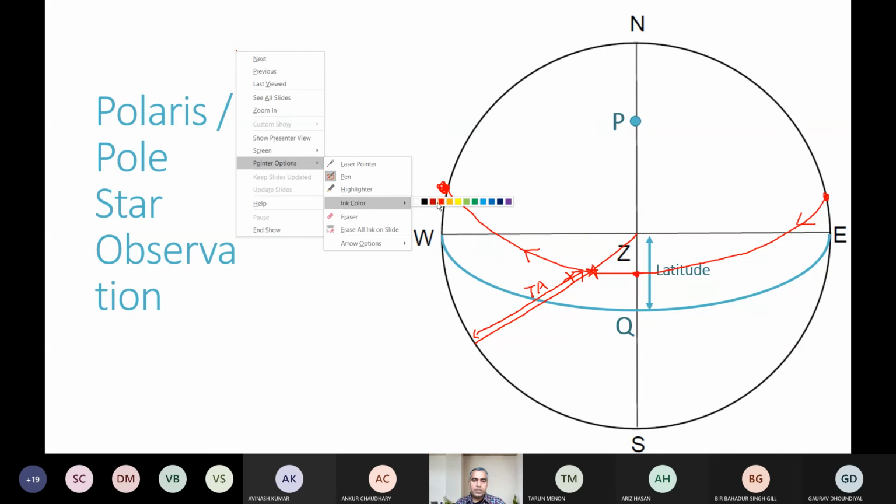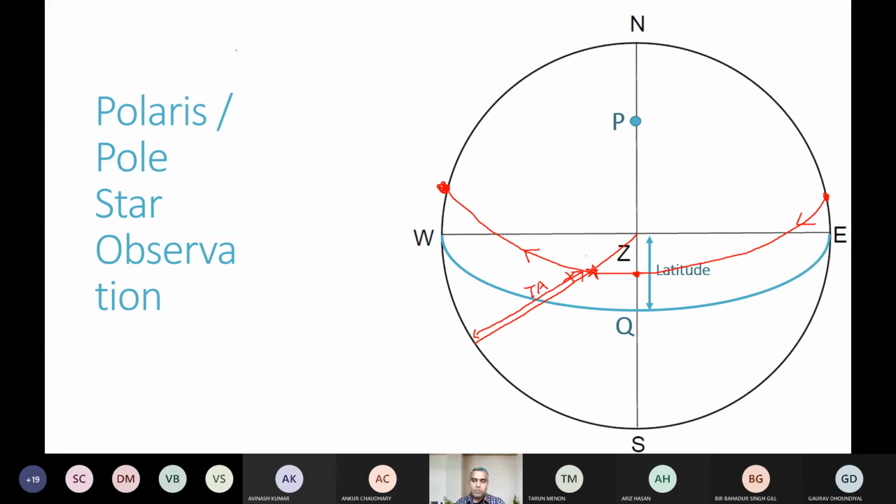Let me make the true zenith distance also. This will be the true zenith distance of the body, ZX. This is the TZD. So this is what we obtain when we correct the sextant altitude, and 90 minus true altitude is what we obtain. This is the TZD. Now when we put it in the formula, we obtain the MZD.